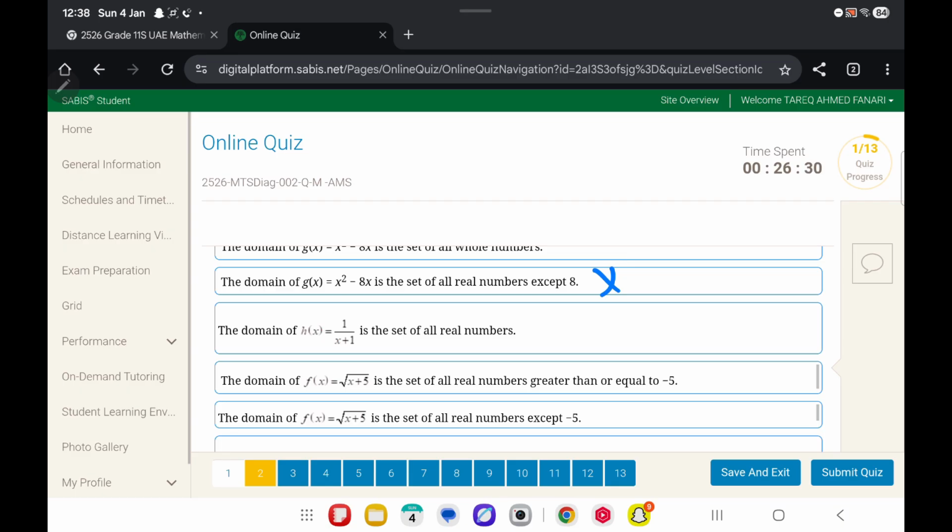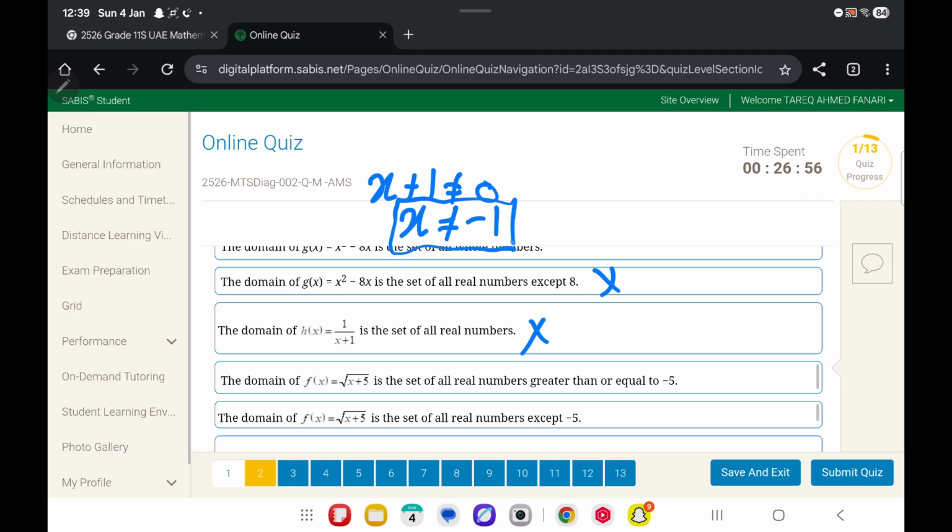Now, the domain of h of x is the set of all real numbers. This is wrong. Why? Remember in question 1, where I said this here can be undefined. This can be very much undefined, right? If I were to try it, x plus 1 cannot be 0, so x cannot be negative 1.